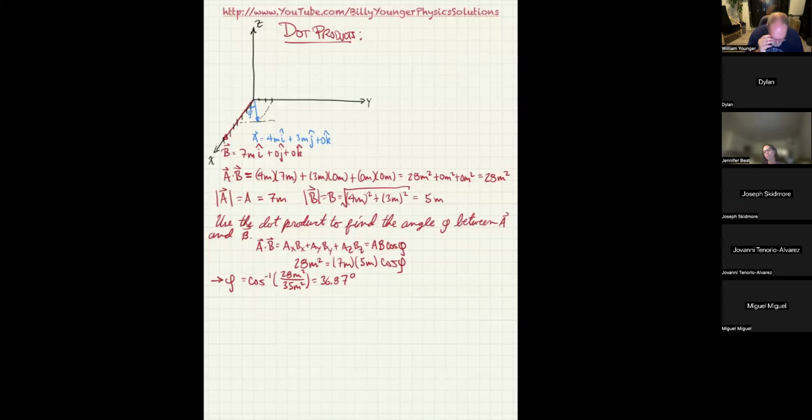Let's say, what if we found the angle between the A vector that we drew in blue? And now I'm going to do something even crazier. I am going to go off from x equals 4 to y equals 4. So I'll go right here, and now I'm going to go up.